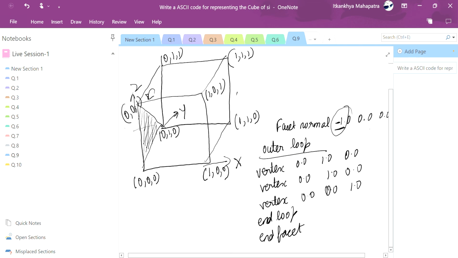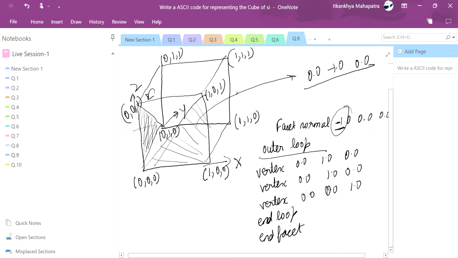Suppose in a question we are given to represent the side of a cube in this plane. I'm not drawing it again, I'm just showing it in this plane. Then the facet normal for that question will be, for this plane, 0, minus 1, 0.